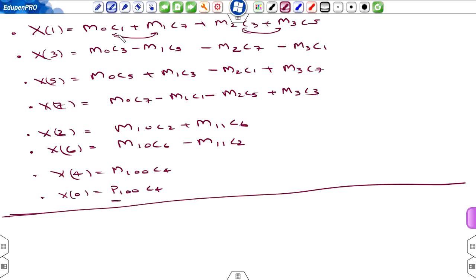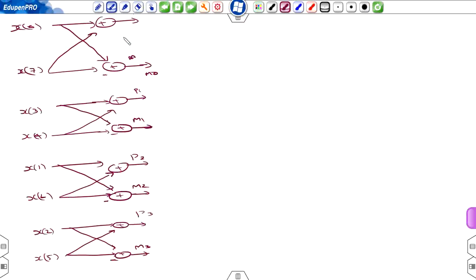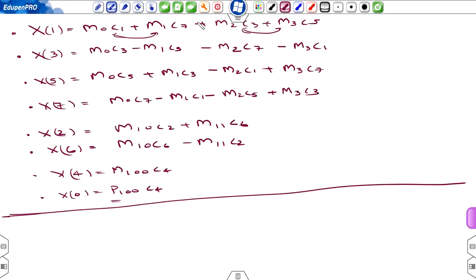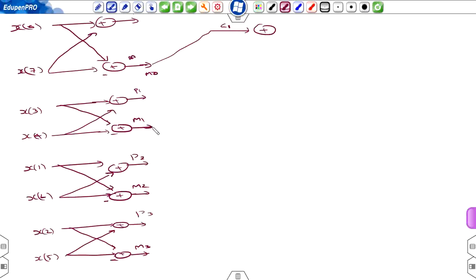So m0 c1 and m1 c7, so this is m0, let it be multiplied with C1 and it will be given to the adder, and M1 C7, this is M1, this will be given to the same adder but multiplied by C7. Before giving to the adder, we will multiply it by C7.